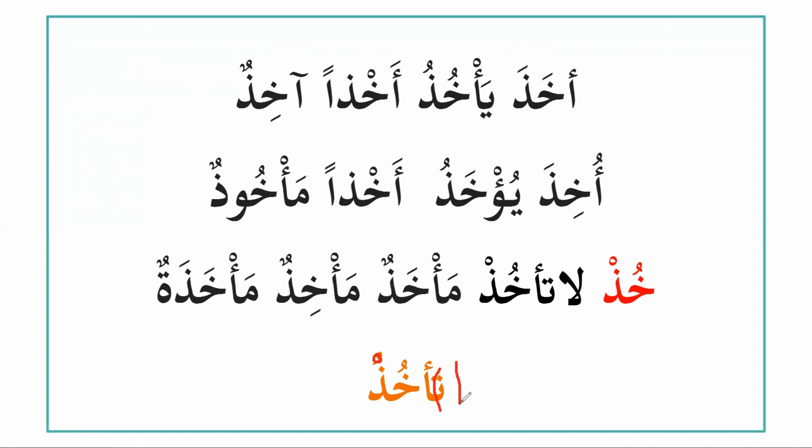Usually to make the commanding fail, we put an extra hamza and we put a harka on the extra hamza. If the ain letter has dhamma, then we put u, right? U, and then we see what the word is.